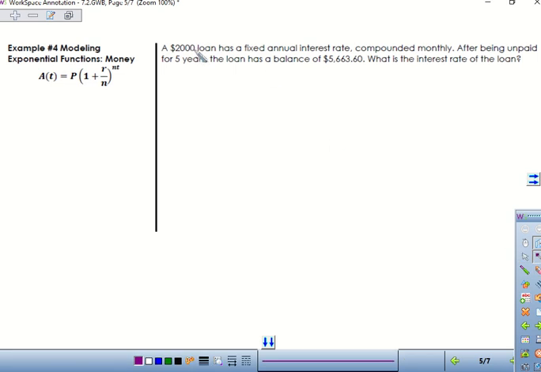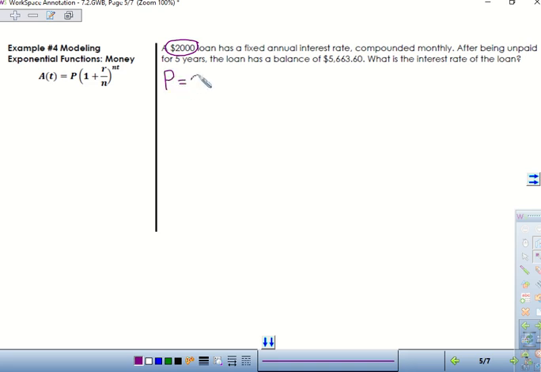It says a $2,000 loan has a fixed annual interest rate compounded monthly. After being unpaid for 5 years, the loan has a balance of, what is the interest rate of the loan? So, if the loan was taken out for $2,000, what letter does that represent?